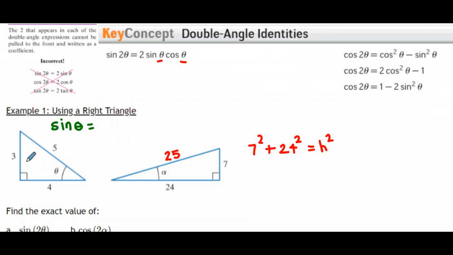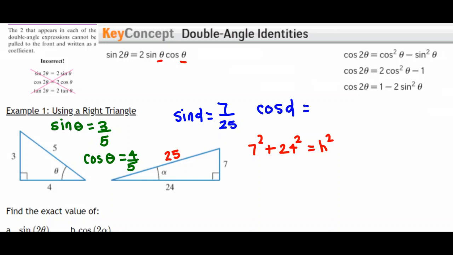Sine is opposite over hypotenuse, and cosine is 4 over 5. Now if we look at the second triangle, we have alpha. So sine alpha equals 7 over 25, and cosine alpha equals 24 over 25.